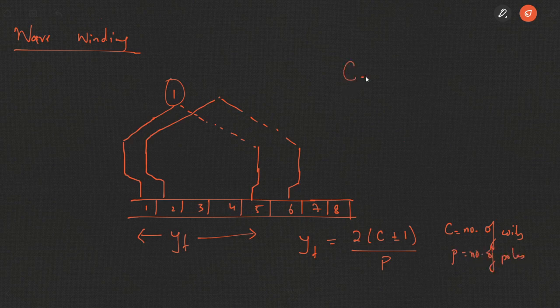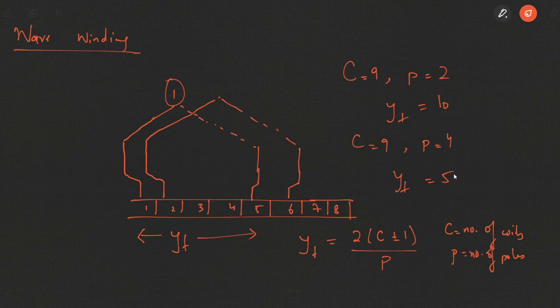So for C equal to 9, P equal to 2, taking plus 1, YF will be equal to 10, and for C equal to 9, P equal to 4, YF will be equal to 5. Accordingly we can decide what the commutator pitch will be, and accordingly the coils will be connected to different commutator segments. So this is the case of wave winding.